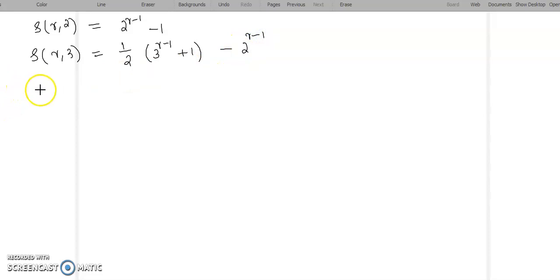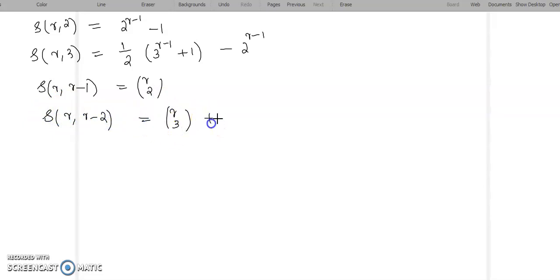And S of r, r minus 1 is given by rC2, and S of r, r minus 2 will be equal to rC3 plus 3 rC4. We will see the proof for this towards the end.